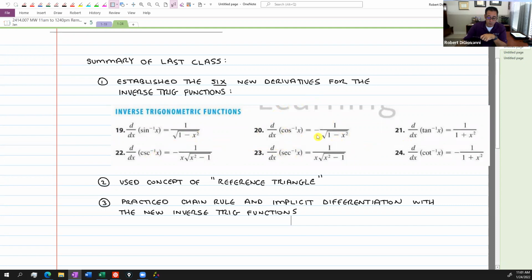We derived where these come from for a few of these, not all of them. In doing so, we also established the idea of a reference triangle and how that will come up later. And then we practiced using the chain rule and implicit differentiation with those new derivatives. Okay, so that's what last class was about.